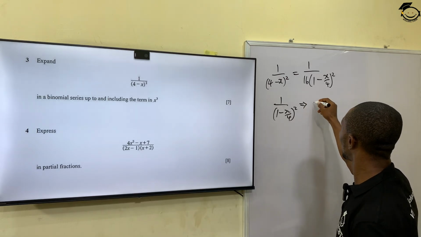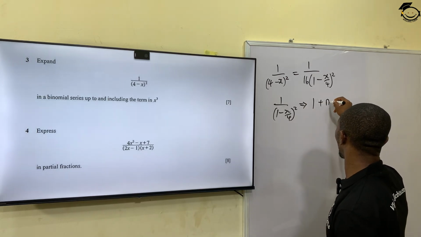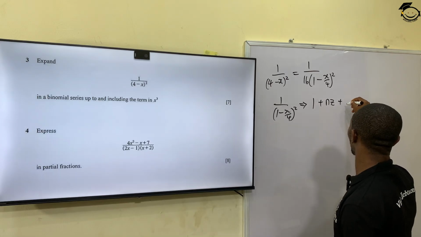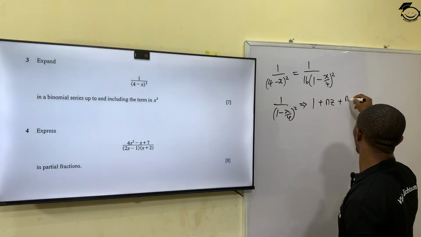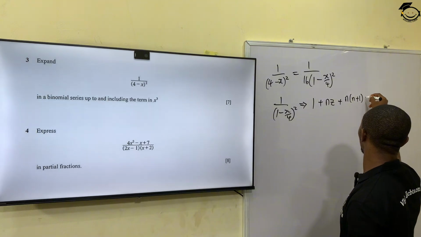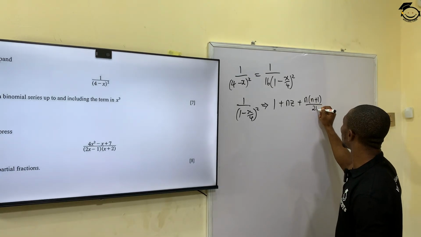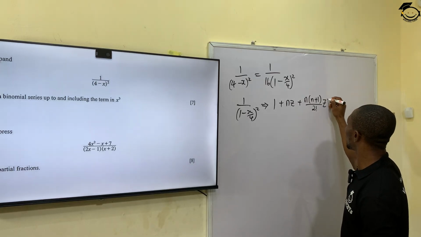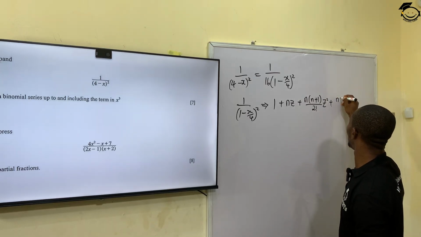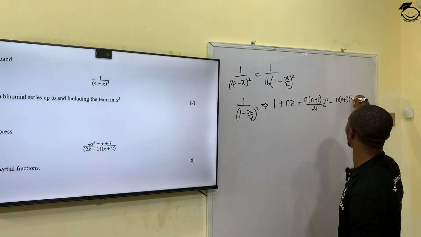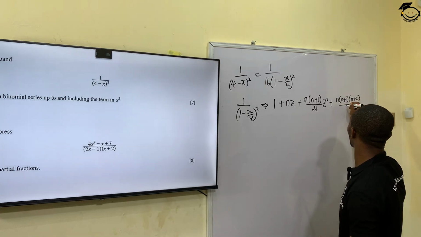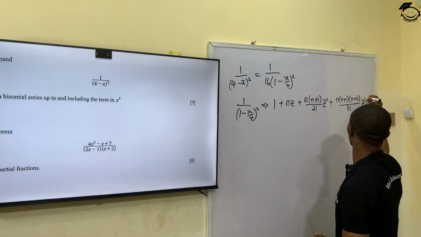Now, expanding this, we have 1 plus nz plus n bracket n plus 1 all over 2 factorial z squared plus n bracket n plus 1 n plus 2 all over 3 factorial z cubed.